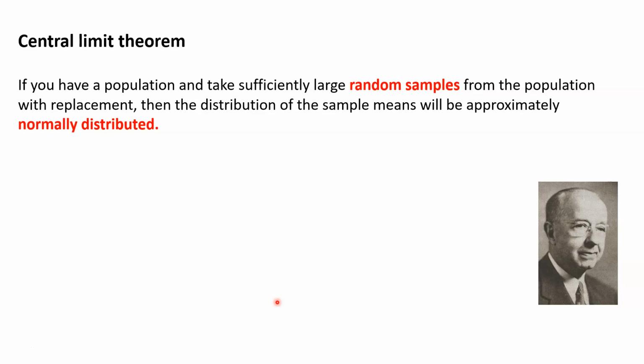This is important because it covers really the fundamentals of what we're going to be looking at in terms of the statistics side of Lean Six Sigma. So if you have a population and take sufficiently large random samples from that population with replacement, then the distribution of the samples will be approximately normally distributed.